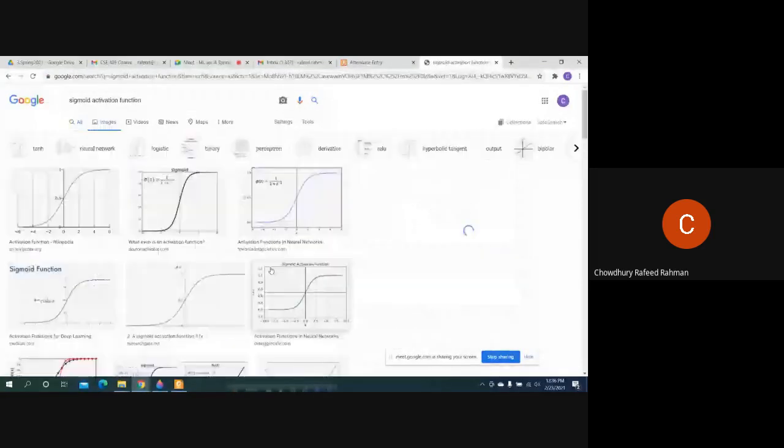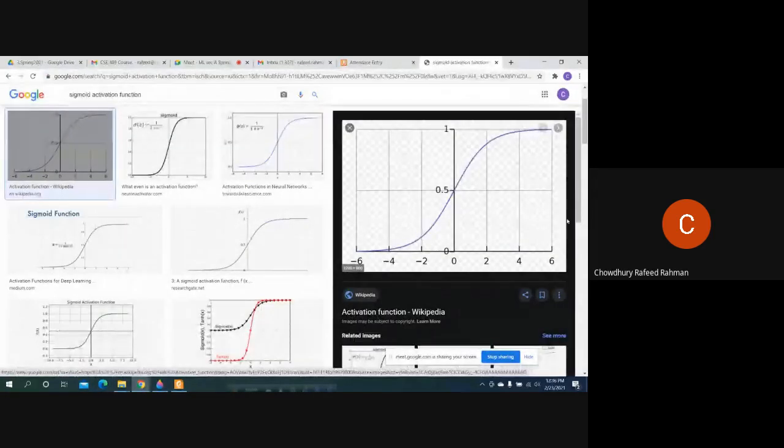Okay, sigmoid activation function. Let me just search for a good image on the internet. So can everyone see this image? Yes, sir. Okay. So the characteristic of the sigmoid activation function is that whatever value we put in this function, it always returns a value between 0 and 1. If you don't believe me, just look at this picture.